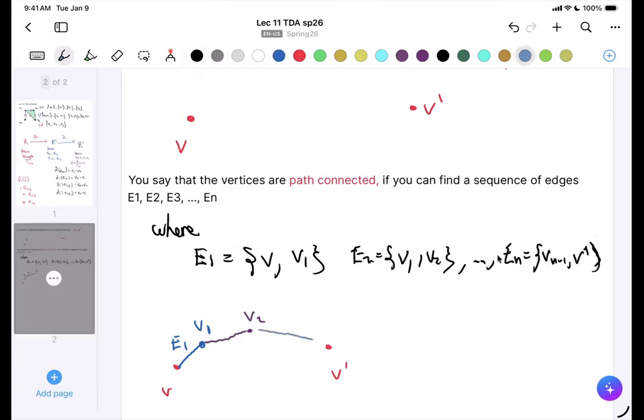Meaning, more verbally, that you can concatenate. So you're saying that two vertices are related if they can be connected by a finite sequence of edges.